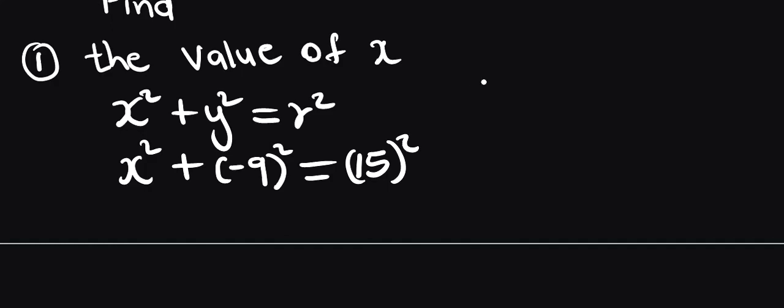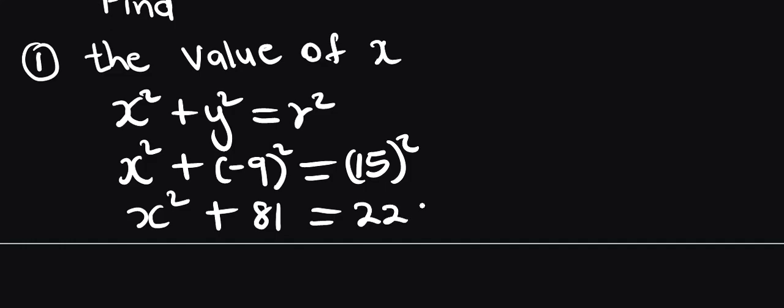Now we will have x squared plus negative 9 squared is 81, which is equal to 15 squared, which is 225.